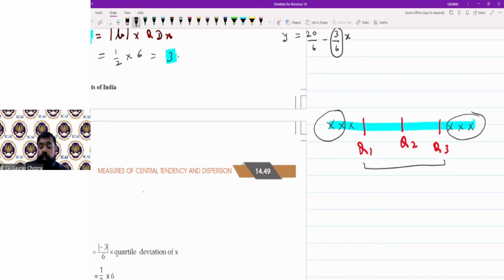Why? Because it is based on only the middle 50% of observations, whereas mean deviation is based on all observations. Standard deviation is also based on all the observations. Therefore, for open-ended class intervals, quartile deviation is the best.